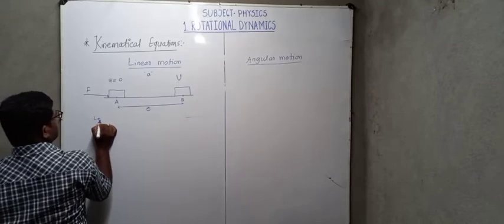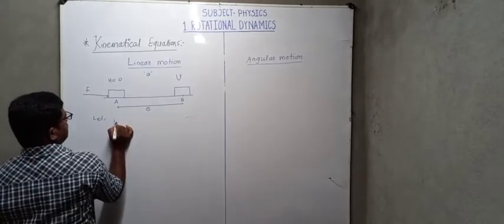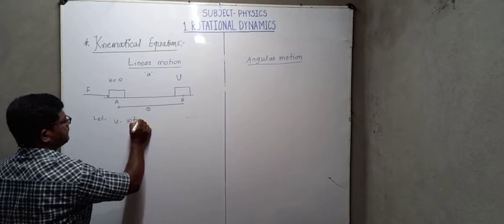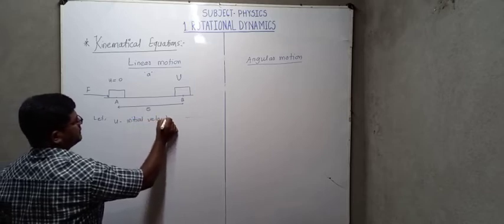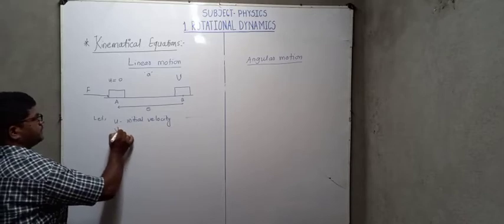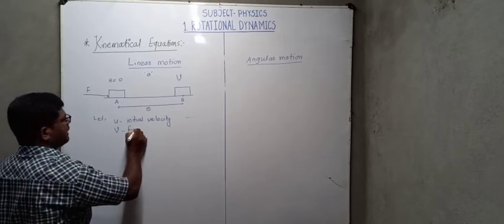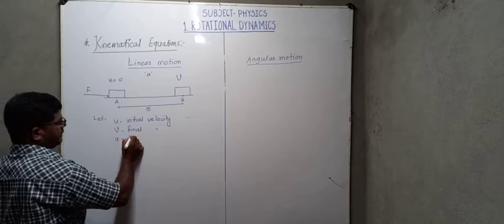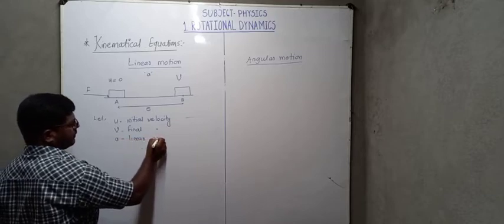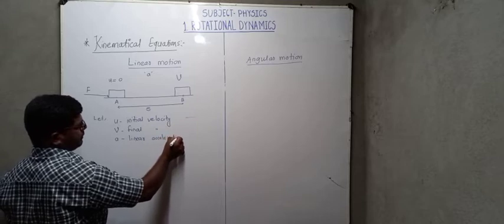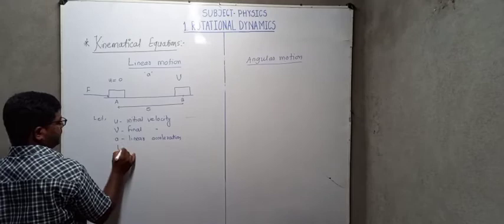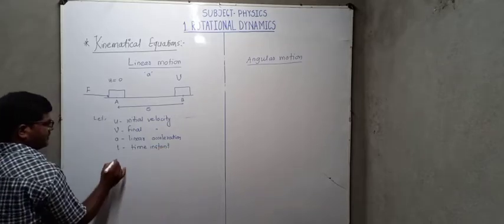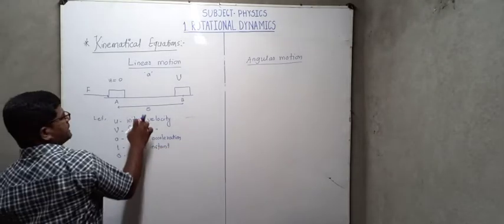So here u be the initial velocity of the body which we have taken, v be the final velocity, a be linear acceleration, t be the time instant, and s be linear displacement.